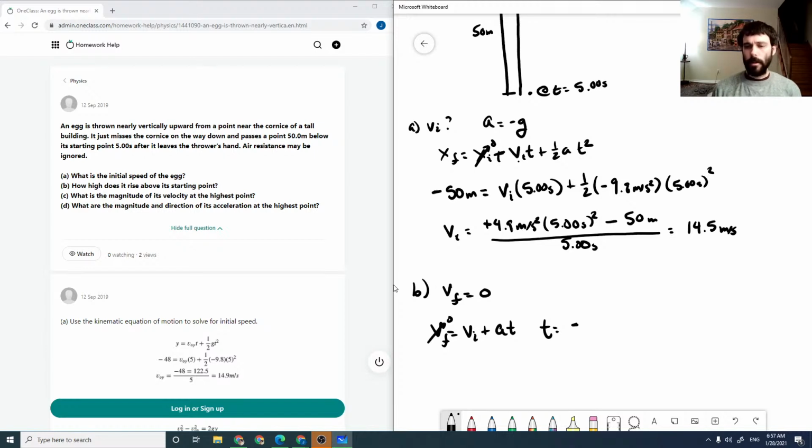So t is minus vi over a, which is minus 14.5 meters per second over minus 9.8 meters per second squared. Our negatives will cancel and we get 1.480 seconds. And so we can use this to solve in our xf expression.